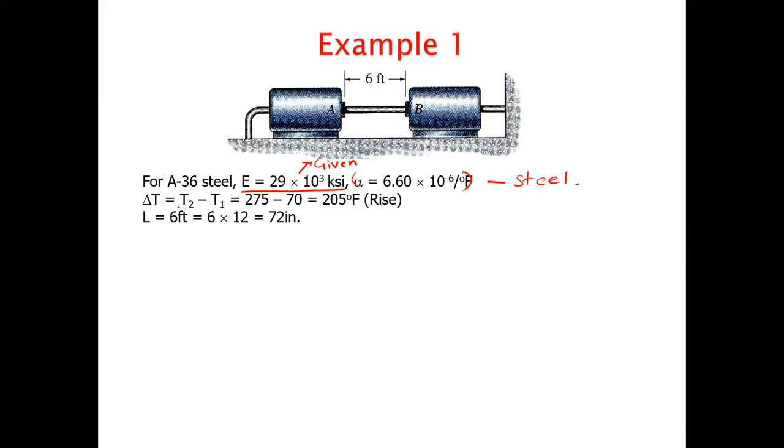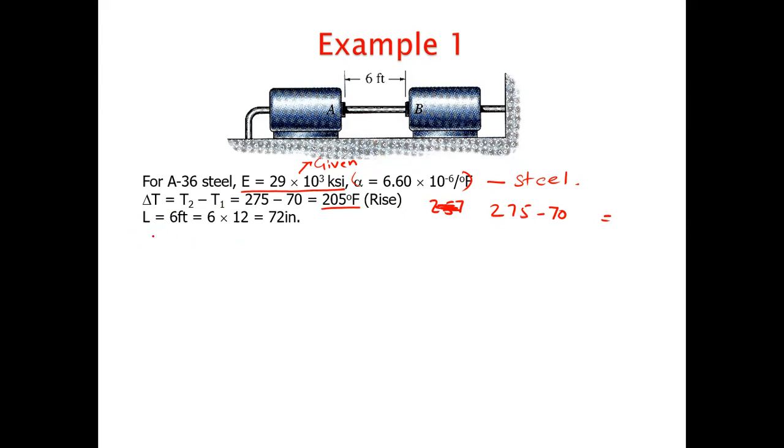Now, what is delta T? Delta T is the final temperature minus the initial temperature. So 275 minus 70 is 205 degree Fahrenheit.